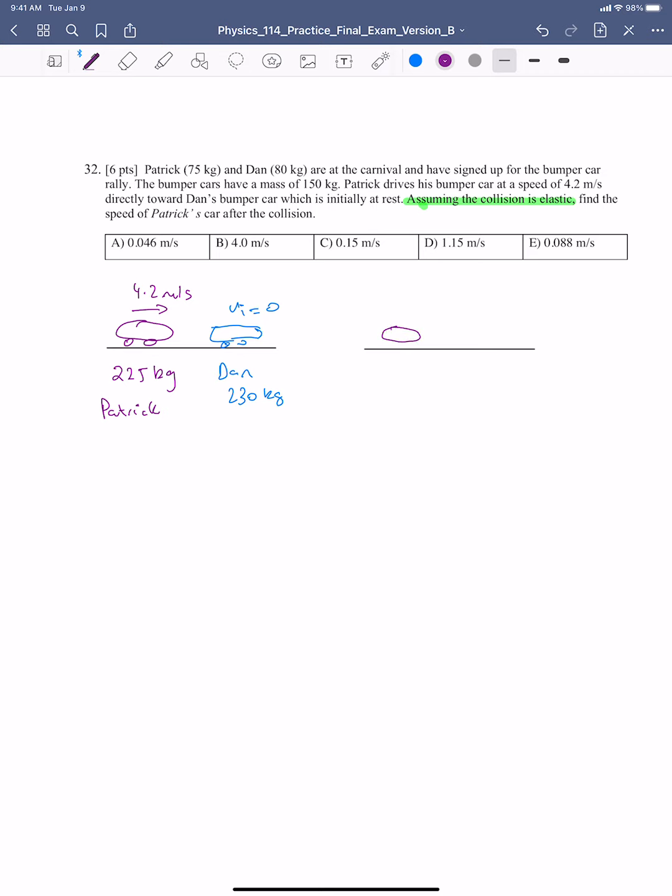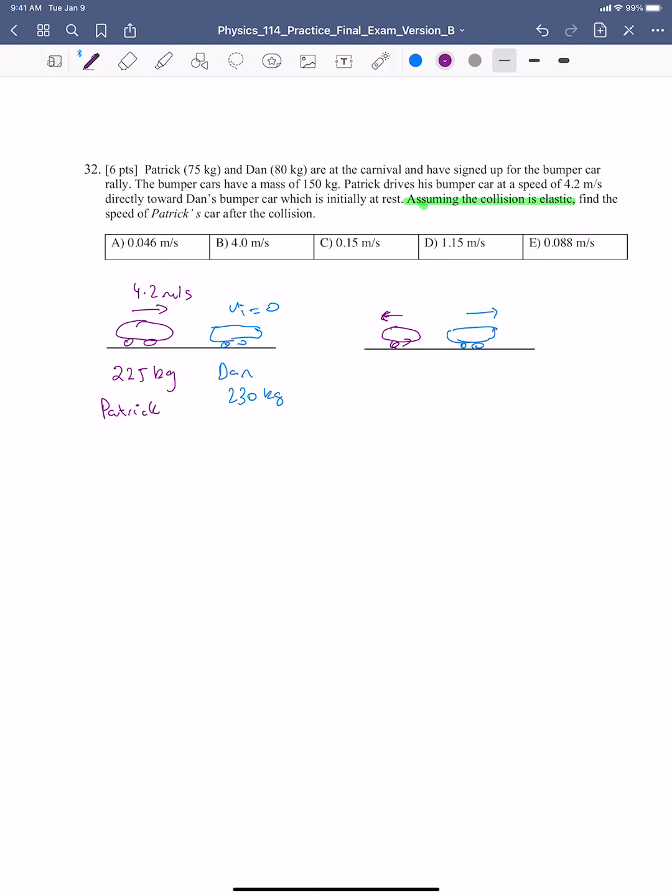There's going to be some slight rebound because it's slightly lighter, and Dan's car will move to the right with a speed almost the same as Patrick's initial. So this is probably the 4. I'm guessing it's a distractor, but let's work on that.